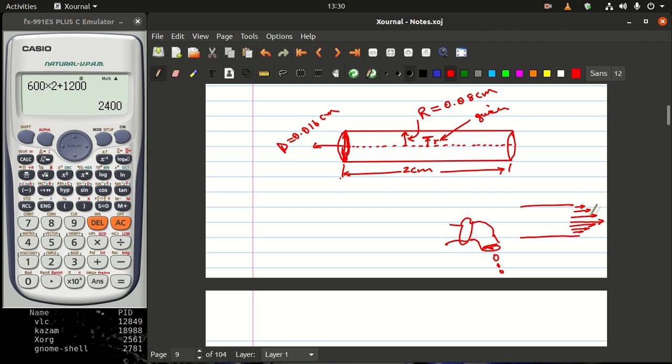The speed here is smaller than the speed at the center, and the speed of this one is less than the speed of the water molecule that is moving here.